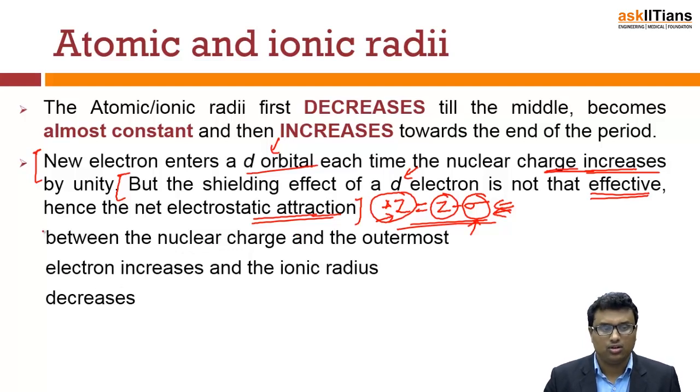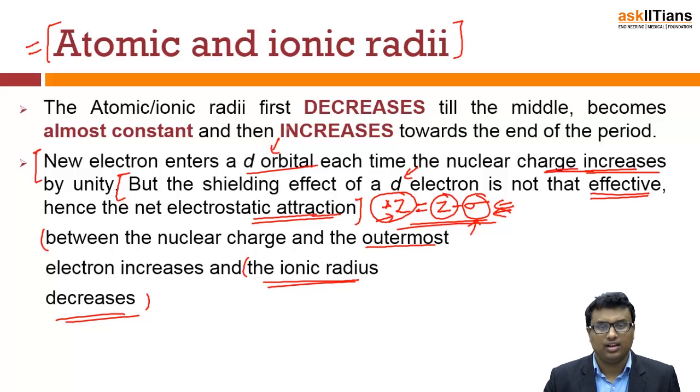So what happens? Because of that, the ionic radius decreases, since the effective nuclear charge increases. This is a very important concept of atomic and ionic radii. This is one of the reasons why the atomic radii first decrease till the middle, become almost constant, and increase towards the end of the period.